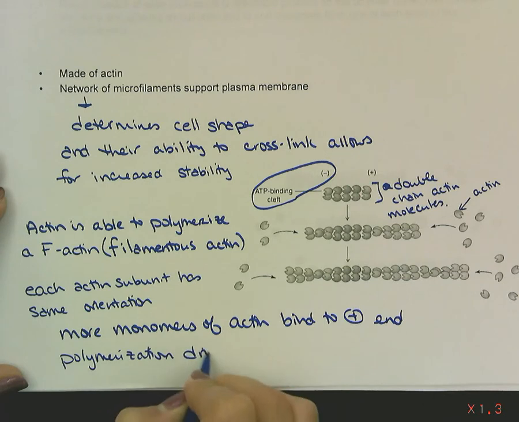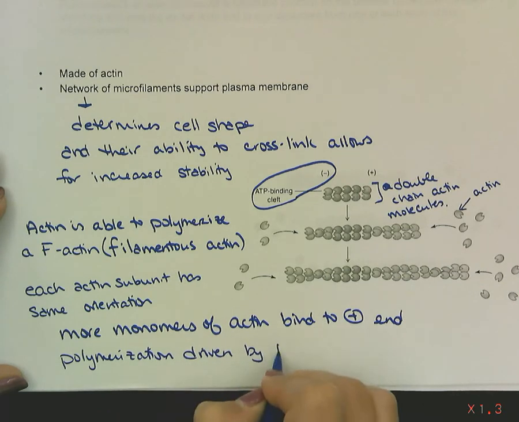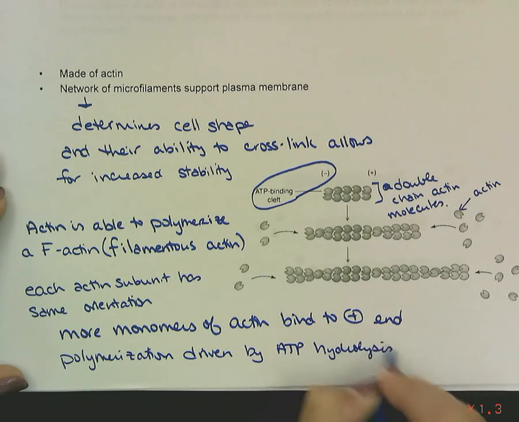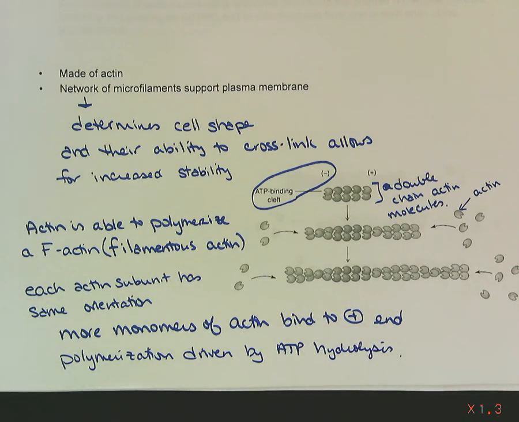And the polymerization is going to be driven by ATP hydrolysis. So the ATP will become ADP, and that change in concentration of ATP will cause more actin molecules to bind to make the long polymer chain.